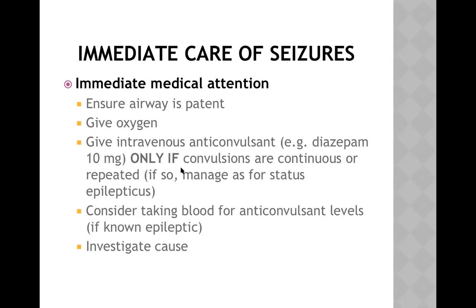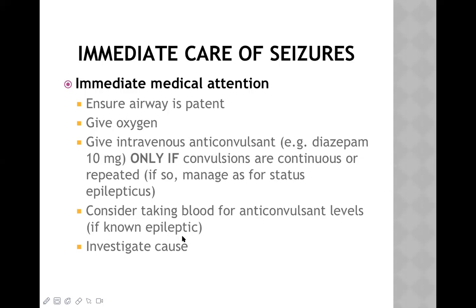If the seizures are not controlled even after giving one dose of diazepam, you can repeat it again. So this is the point. Consider using a long-acting anti-epileptic drug if the seizures are ongoing.